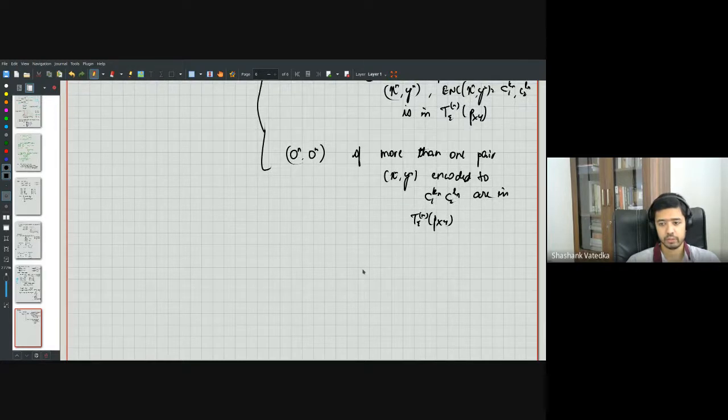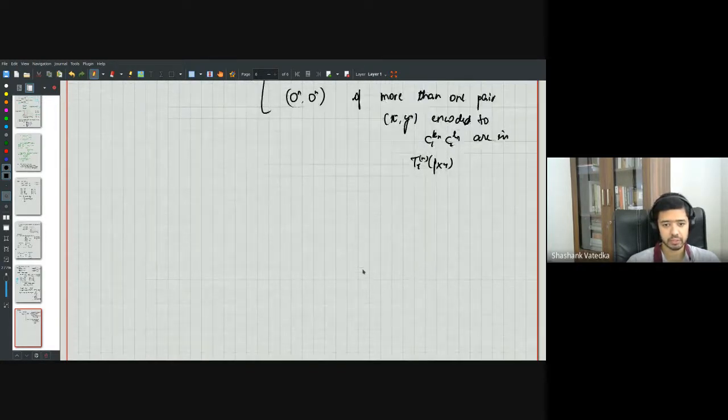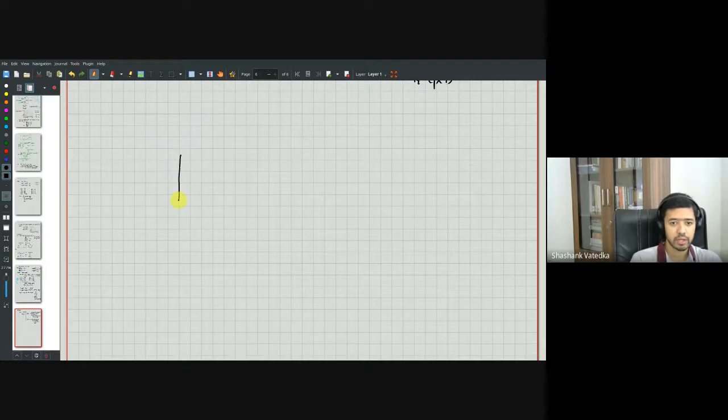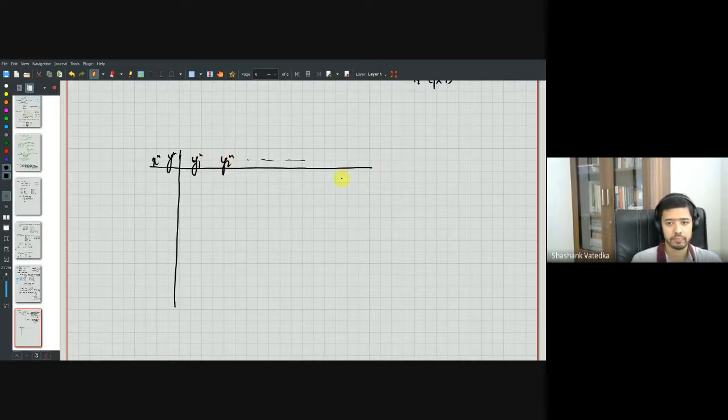Okay. So let's see what is happening over here. We can draw this particular table with xn's and yn's. So this is y1n, y2n, and so on, and this is x1n, x2n, and so on.